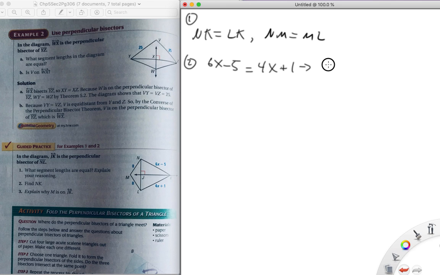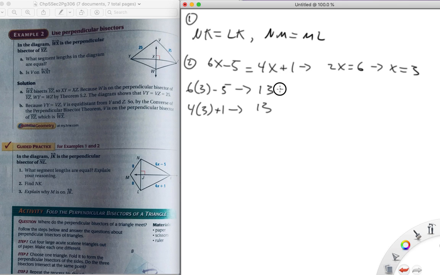That's going to be 2x equals 6, x equals 3. Plug it back into either one, doesn't matter. 6 times 3 minus 5 is 18 minus 5, which is 13. Or if you did 4 times 3 plus 1, that's 12 plus 1, which would be 13. Either one works. So NK is 13.